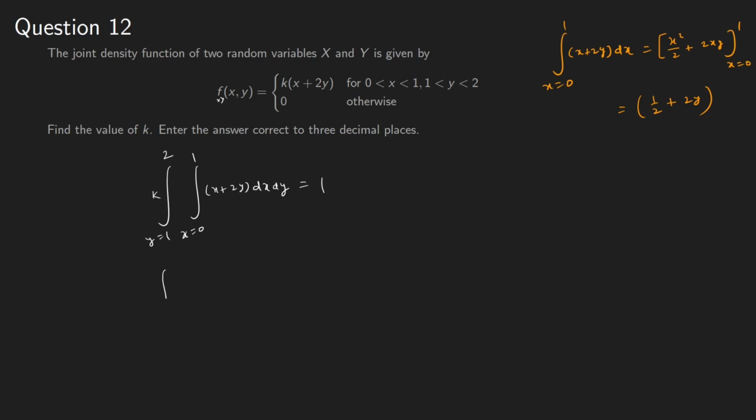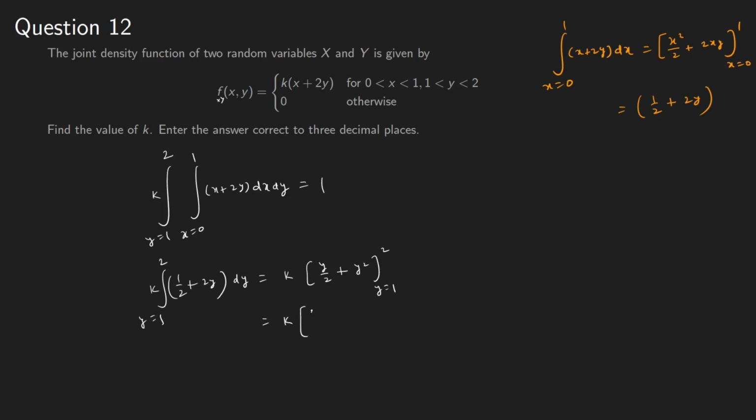Now we can put it here, y goes from 1 to 2, of (half plus 2y) dy. So here we have k left. It will become y by 2 plus 2y squared by 2, that is just y squared. It will go from y equals 1 to y equals 2.